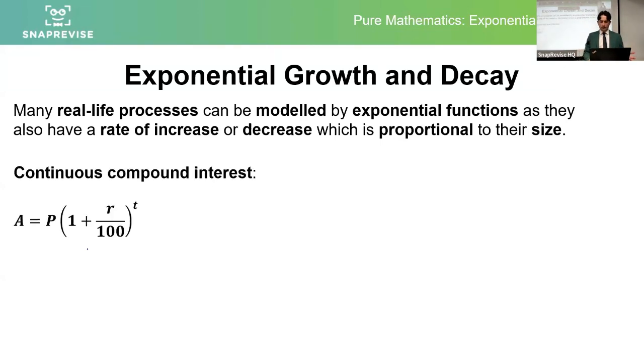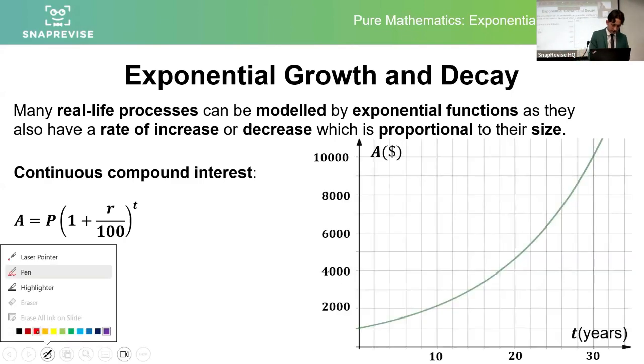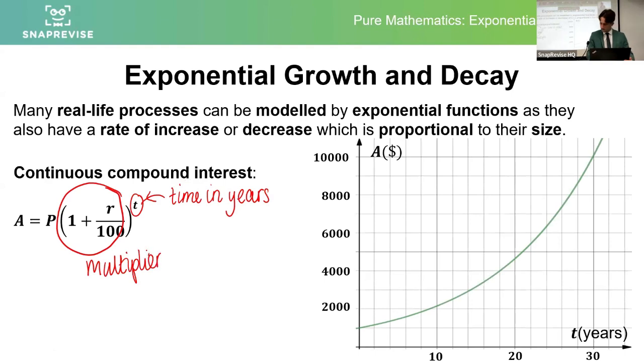So for example, compound interest has this shape where we've got a multiplier like 1.1 to the power of whatever, as you've probably seen at GCSE. And hopefully that's actually a very familiar formula almost. You might have written it slightly different at GCSE, but T was, remember, like often the time in years. And then this is like your decimal multiplier and so on.